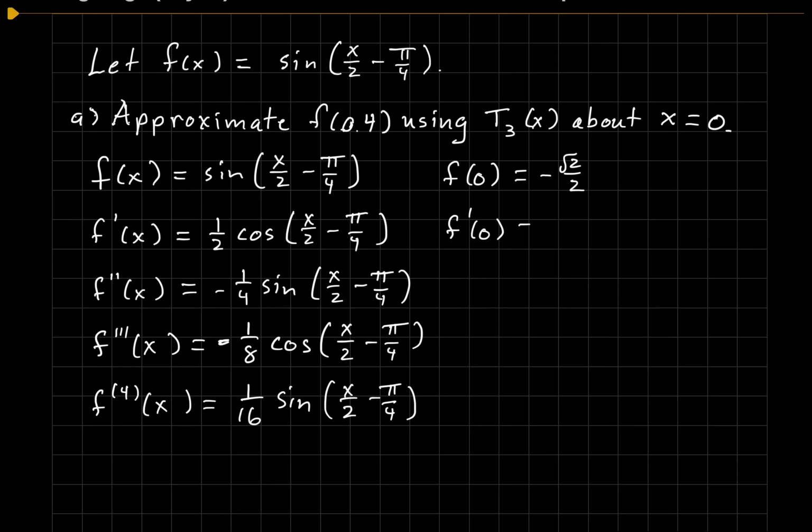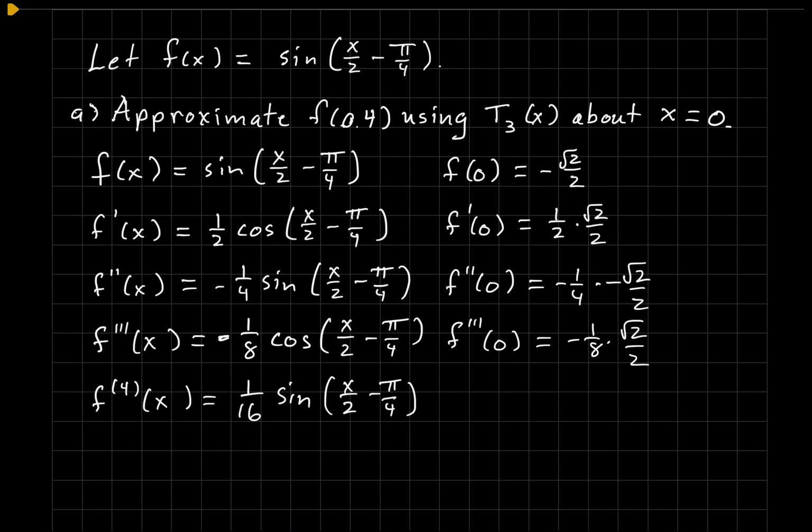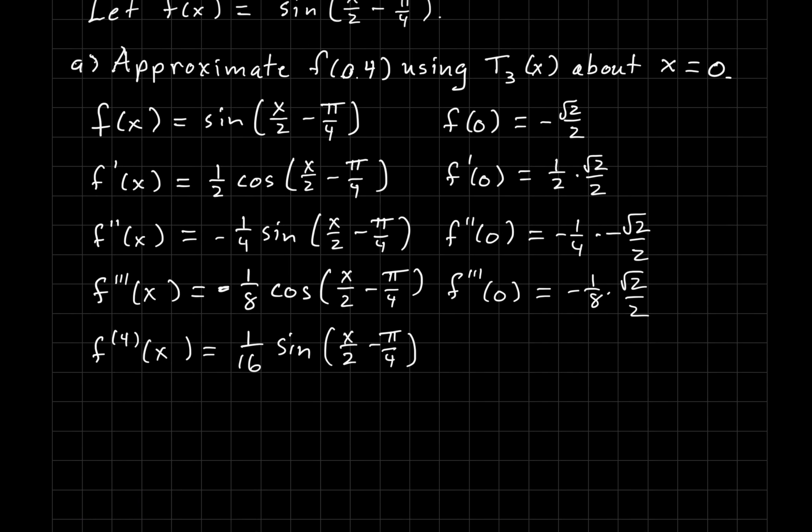The cosine of negative pi over 4 is positive root 2 over 2, but we have an extra times 1/2. And then f double prime of 0 is negative 1/4 times negative root 2 over 2. F triple prime is negative 1/2 times positive root 2 over 2, and we can stop there, at least when we're finding values.